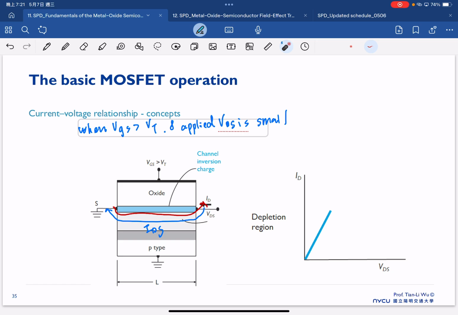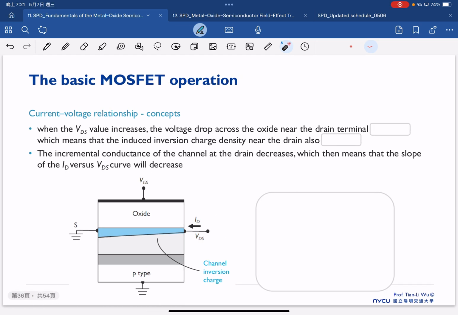Of course, what we actually want to understand should not be limited to the case with a smaller VDS. So the next phase, what we want to discuss is, if we keep increasing the VDS, what happens? When the VDS value is increased, then actually the voltage drop across the oxide near the drain terminal decreases.